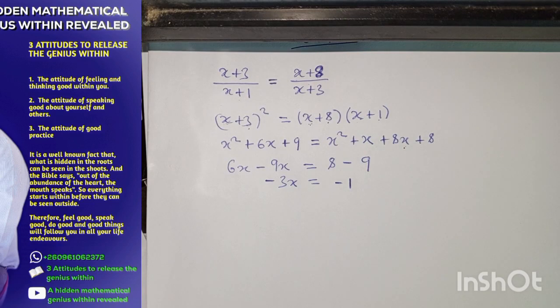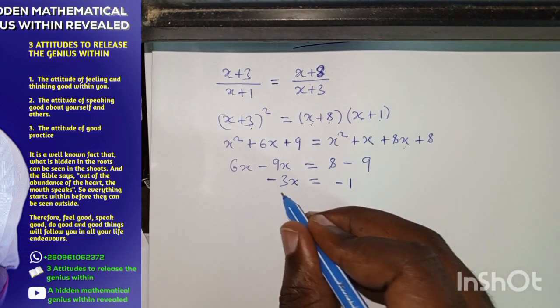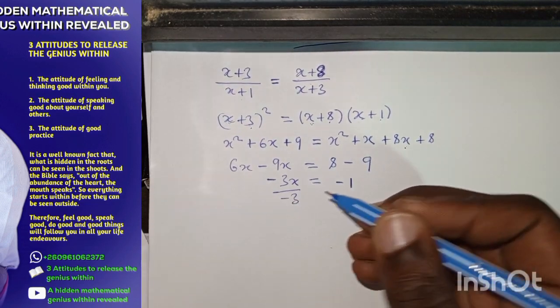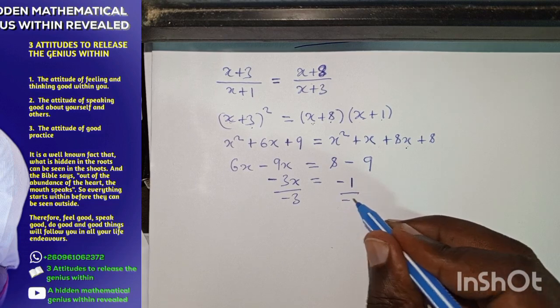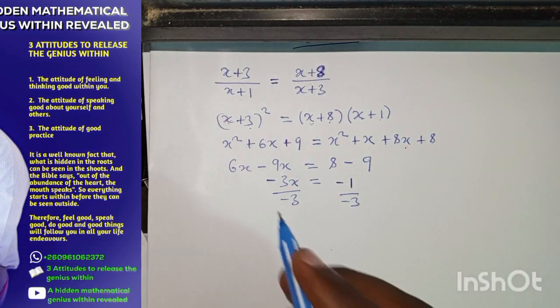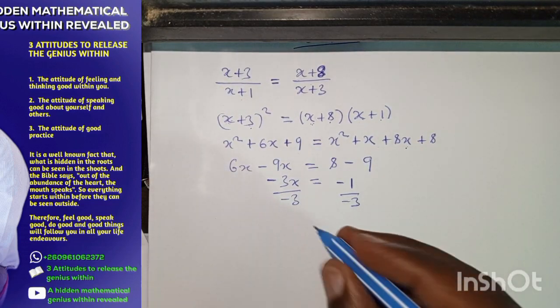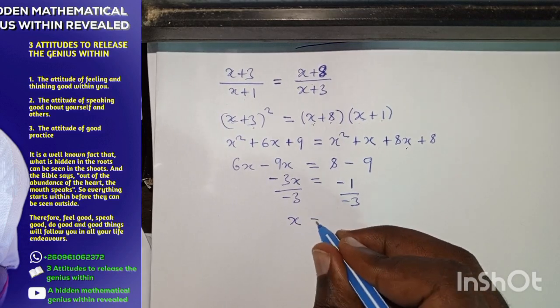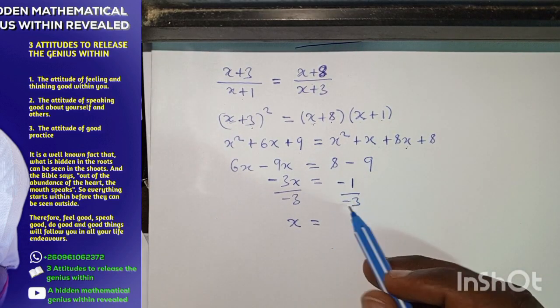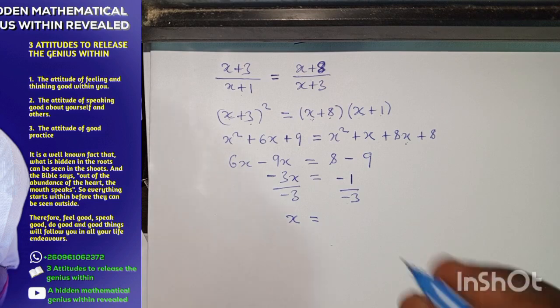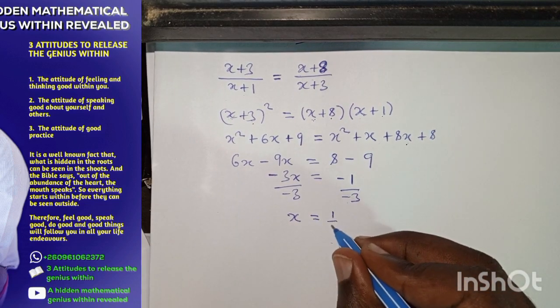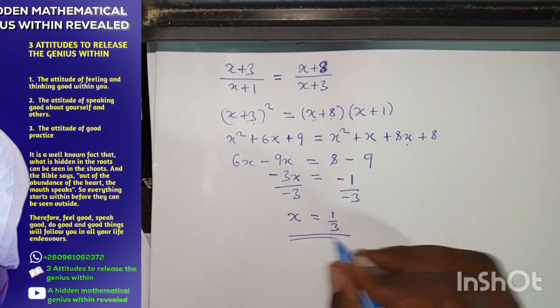Okay. Then for us to remain with x, we are going to divide by minus 3 on both sides of the equation. So minus 3 and minus 3 will cancel out. We are going to have x is equal to, minus and minus will give us a positive, so x is equal to 1 over 3.